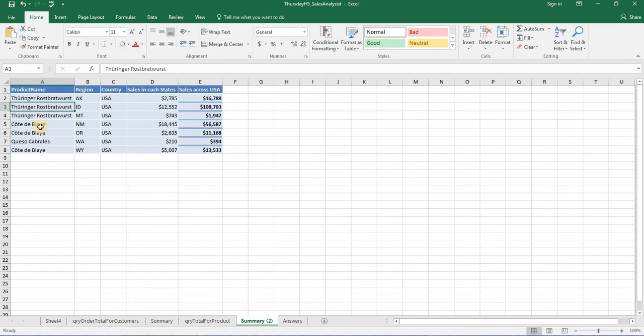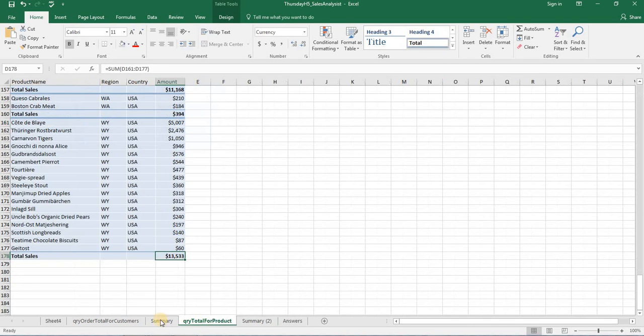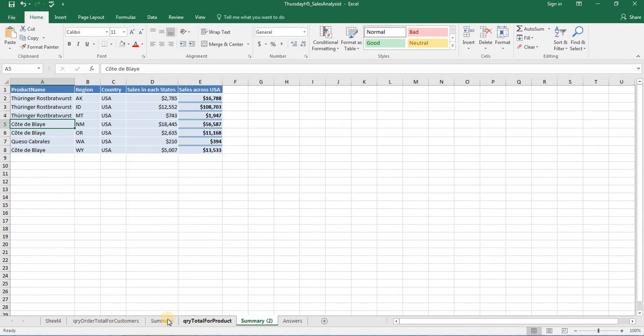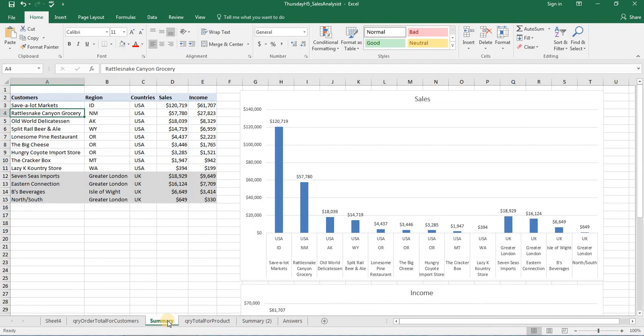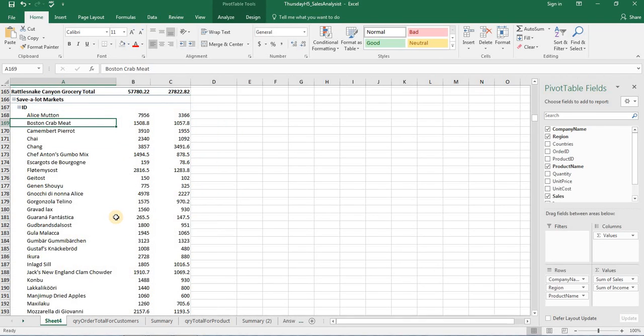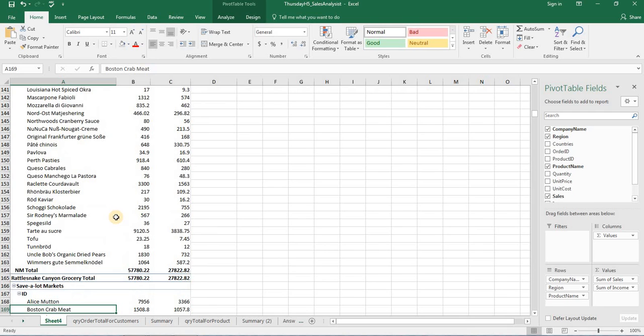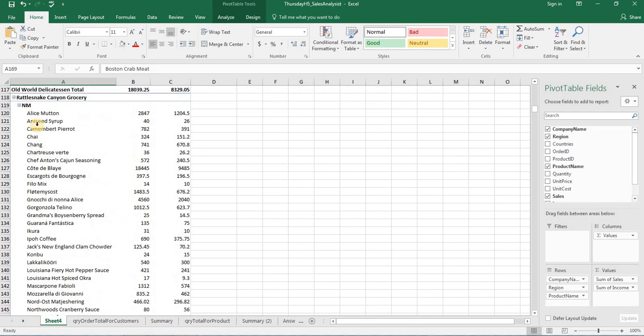From our pivot table, we're going to prove this one, and this is coming from New Mexico, so we can safely say that if it's New Mexico, we see that it's Rattlesnake. So let's go find Rattlesnake, which should be right up here. So this is Rattlesnake right here, and then we're going to look for that, whatever that stuff is called.